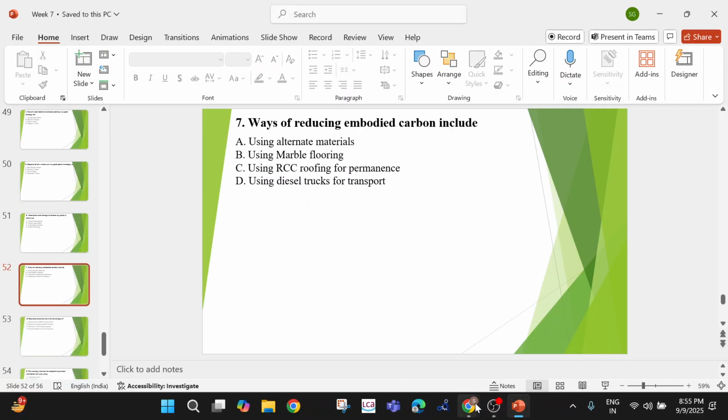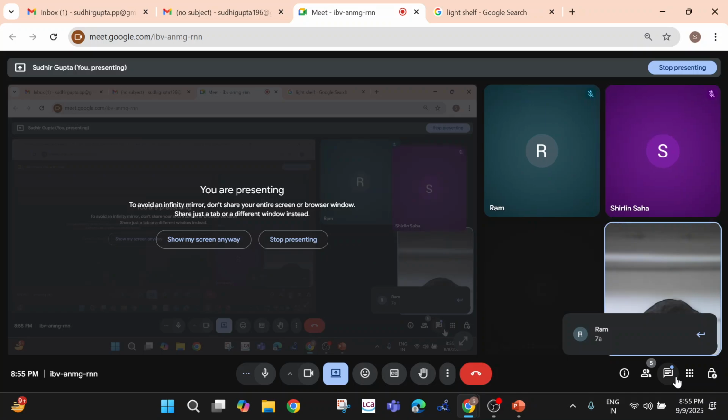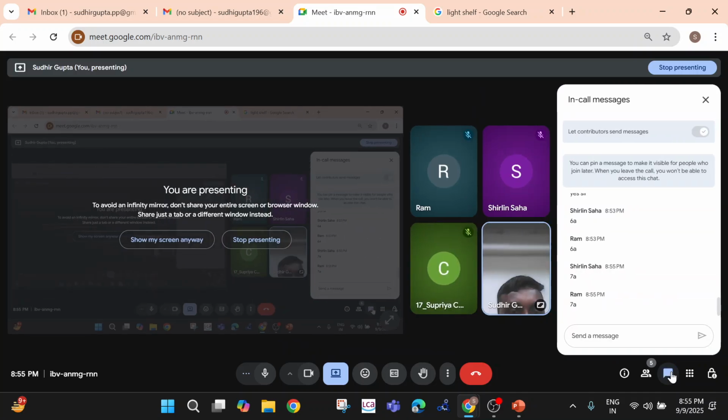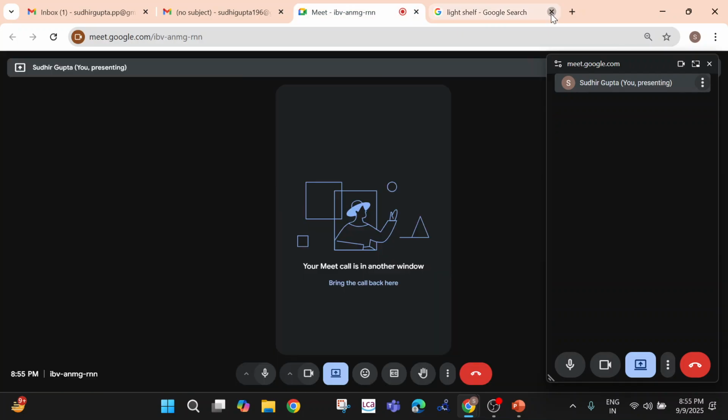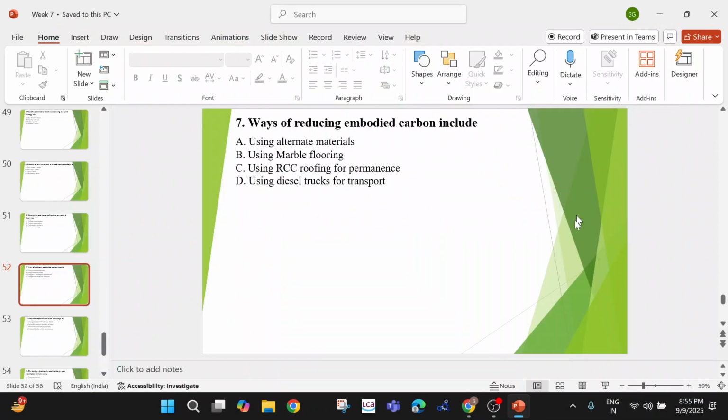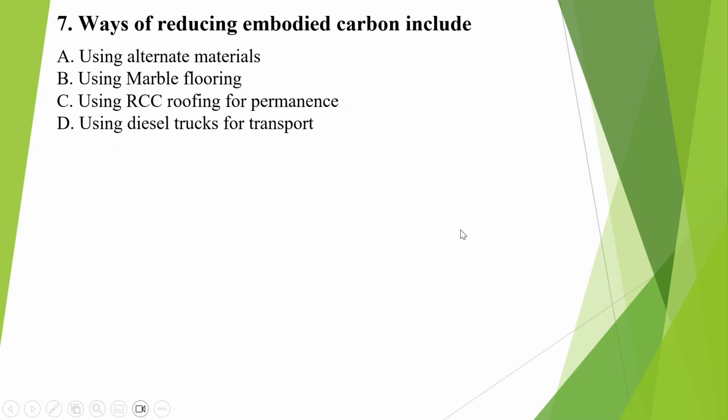Anyone who can answer this question? 7A. Celine is very, very active and she is answering correctly again and again, and she is the first to give answers. It's good to see.